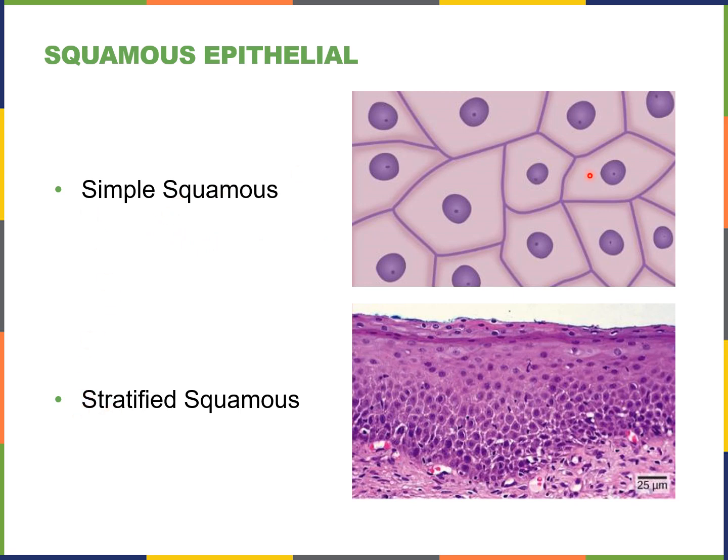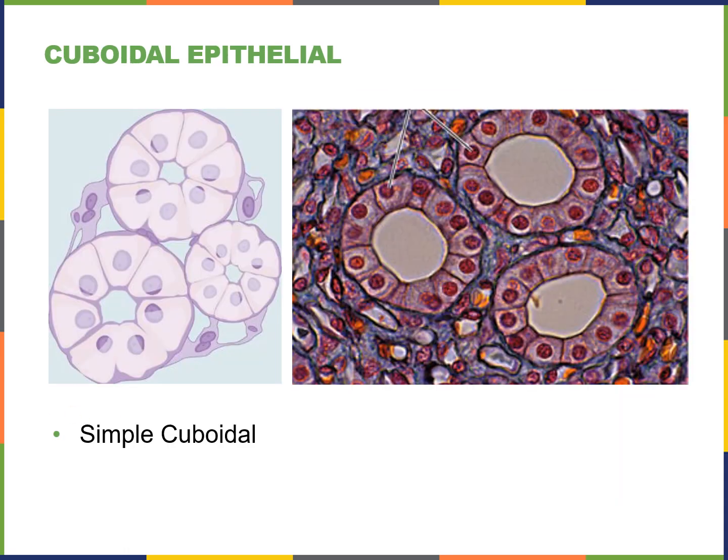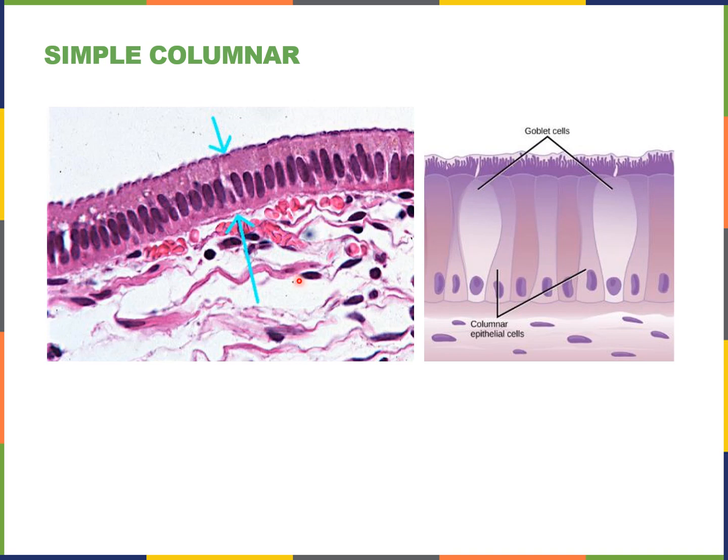Simple meaning one layer, stratified meaning multiple layers. So we have simple squamous cells, stratified squamous cells. We have simple cuboidal cells. So you can see these are kind of cube shaped. Simple columnar. These are kind of like our tall, long cells here.